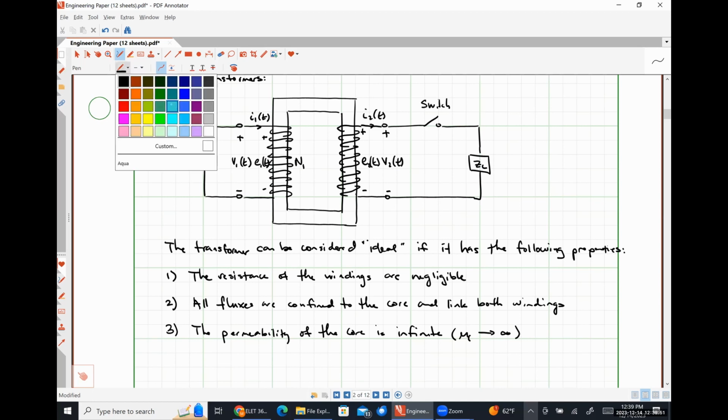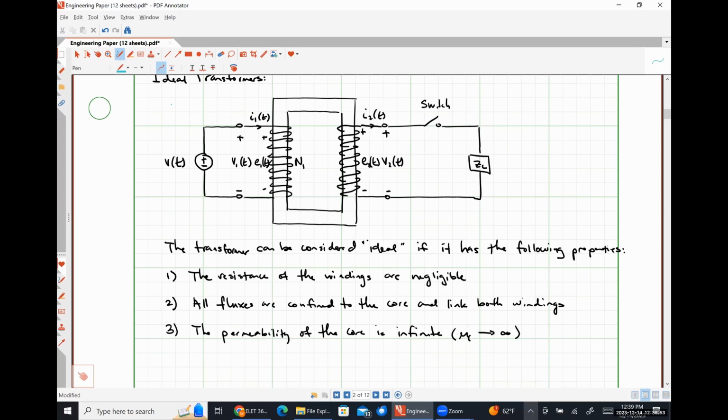So we're going to have some time varying flux. I'm going to call this phi 1 of t because it's caused by the primary windings circulating around our core like so.